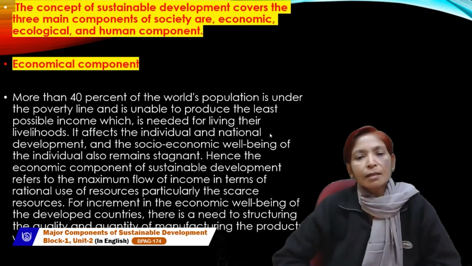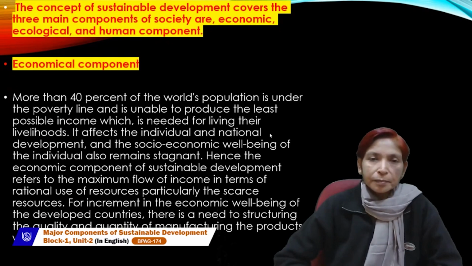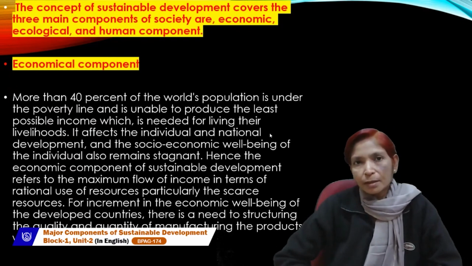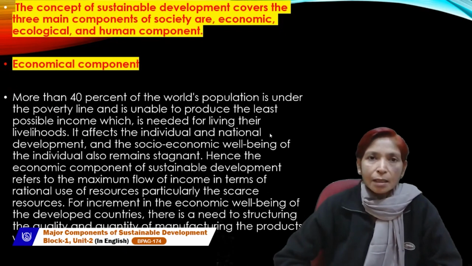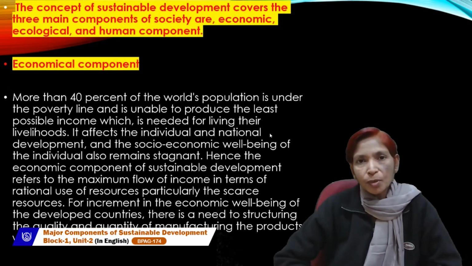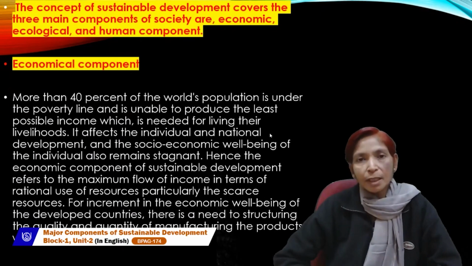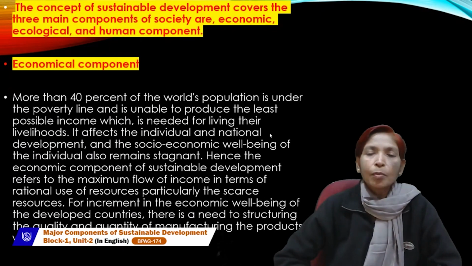It affects individual and national development because poverty is directly related to unemployment, and poverty and unemployment are twin problems. They are interrelated. If a person is poor, definitely he will be unemployed. And if a person gets an employment opportunity, then he will not be called poor.